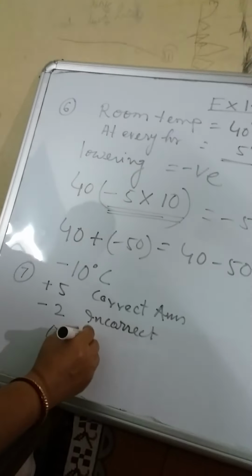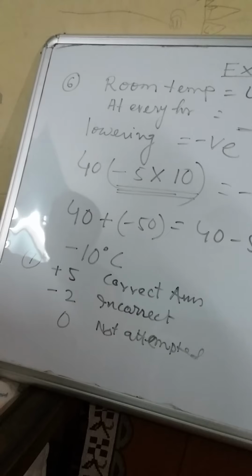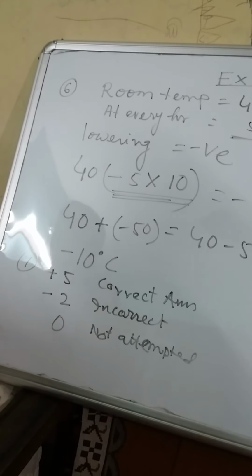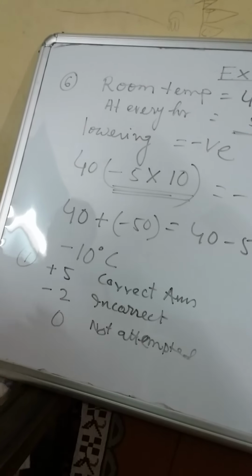Okay, now first you have to find out what Mohan gets if Mohan gets 4 correct and 6 incorrect answers.